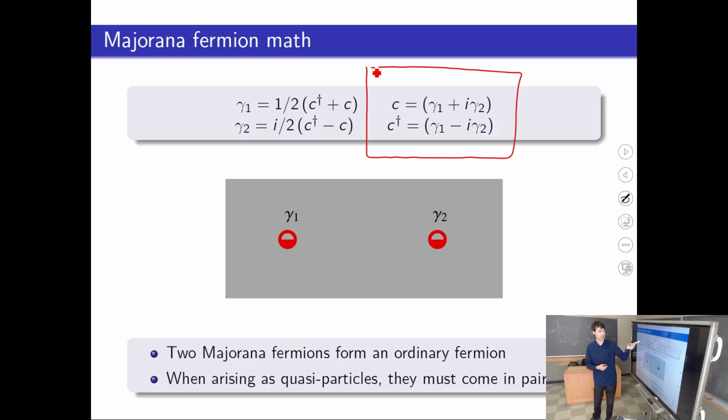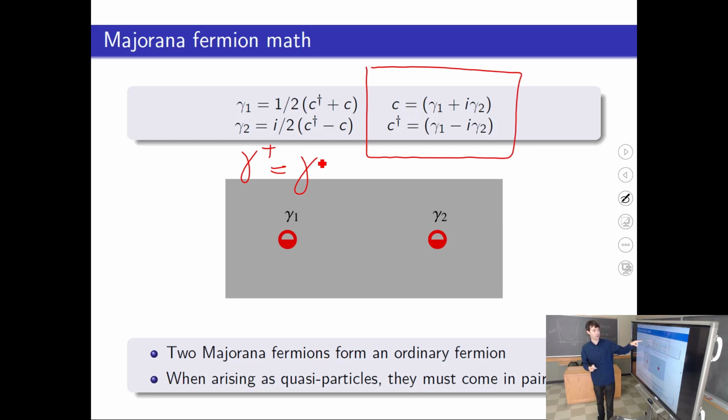And you will see that they are an equal superposition of creation and annihilation. And that also means that they are a particle that is also their own antiparticle. So you can write an expression that gamma dagger equal to gamma in two different ways. You can observe that they are real, and that means that gamma dagger must be equal to gamma.